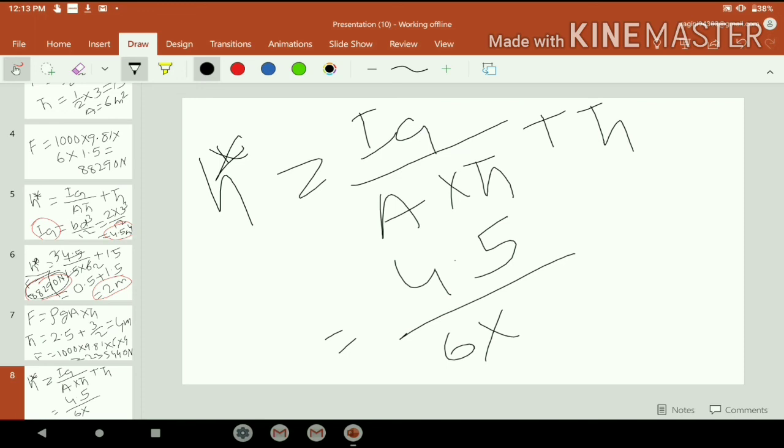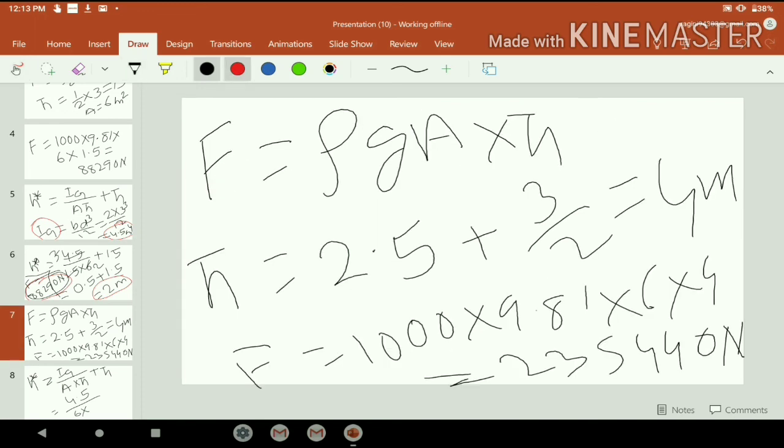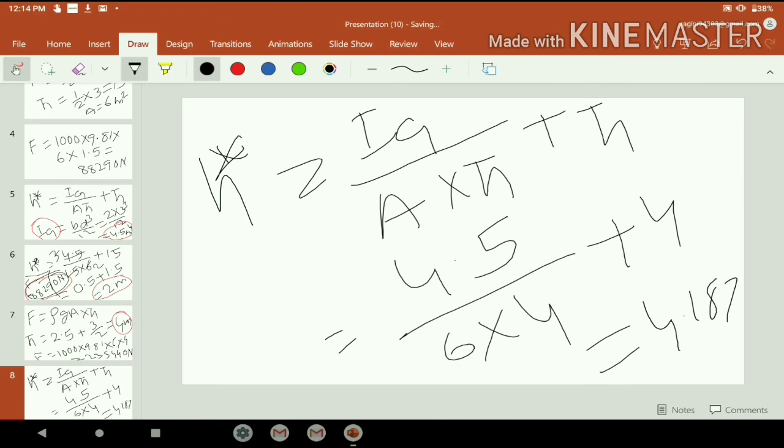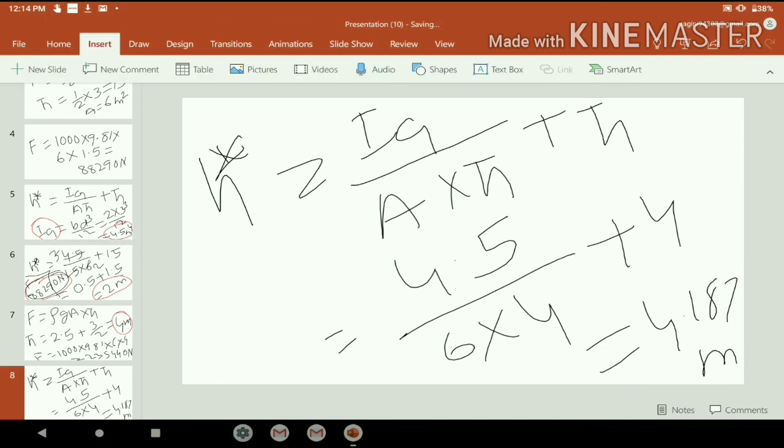Area is also the same, 6, but h bar, as we determined in the previous slide, is 4 meter. So here we put h bar as 4 meter, plus 4. Now calculate. After calculating this, we get 4.1875 meter. This is the fresh h star.